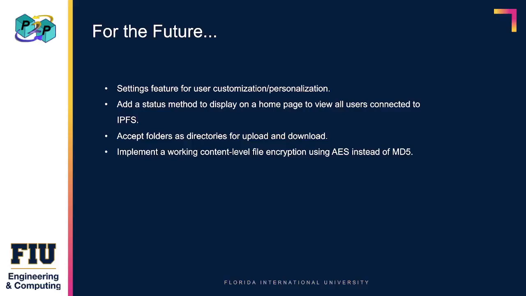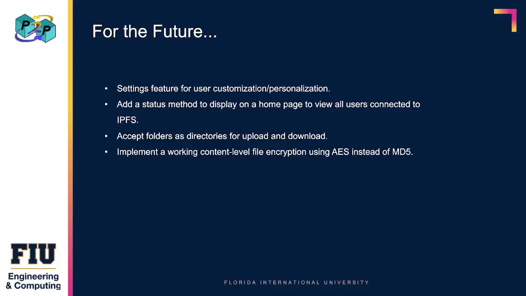This status method would return a detailed list of connections with other nodes. It would show the address, it would show the ping, and a lot more information that would be very helpful for the user. Another thing that we would like to implement in the back end especially is the acceptance of folders and directories.